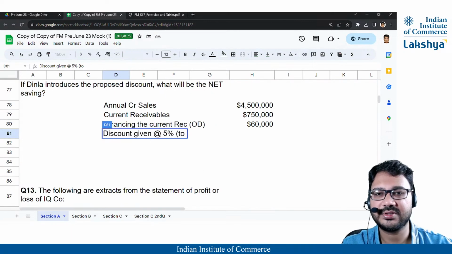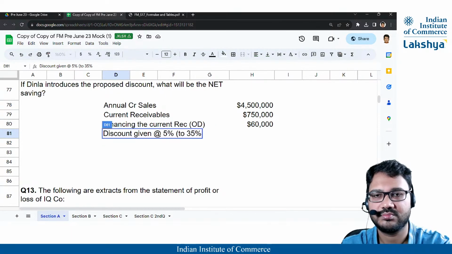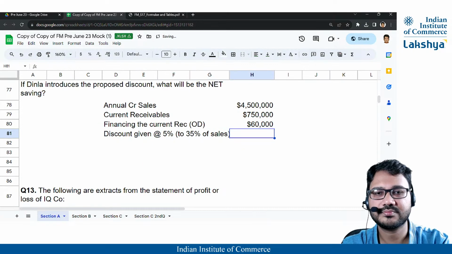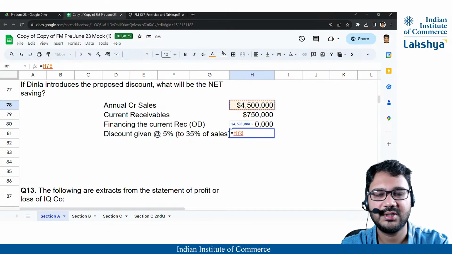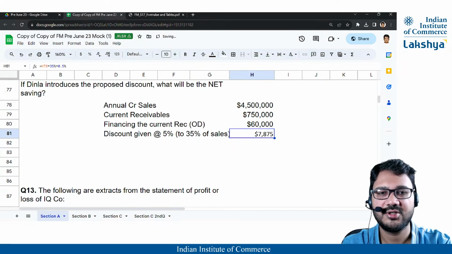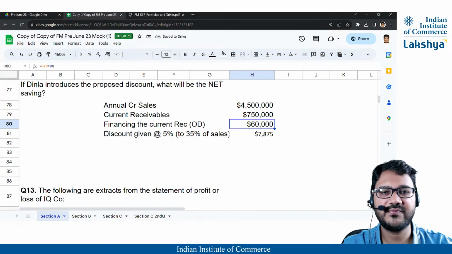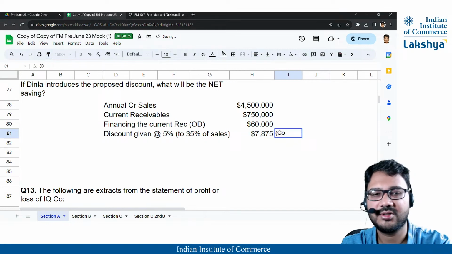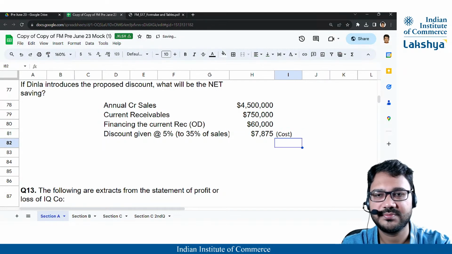To 35%. So discount given to 35% of the sales, so this into 35% into the discount amount of 0.5% is equal to $7,850. This will be our cost.